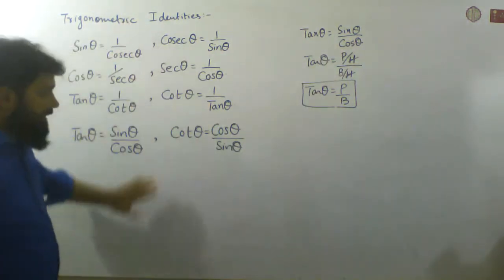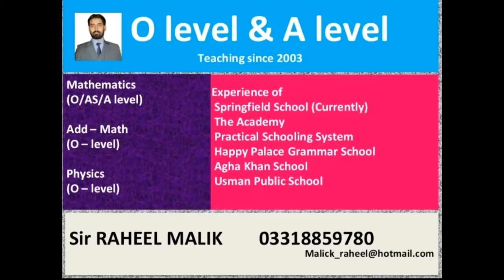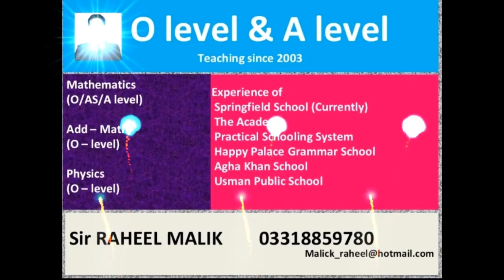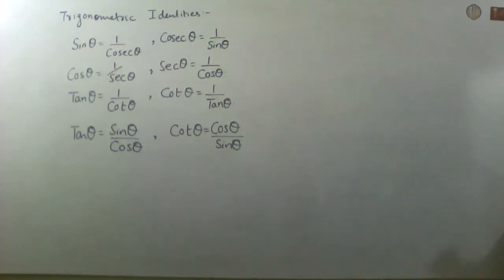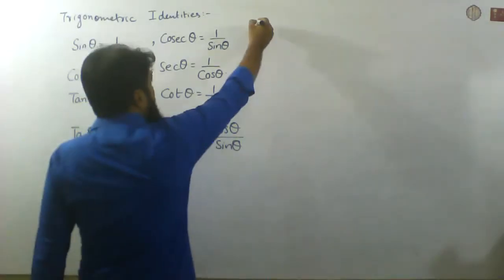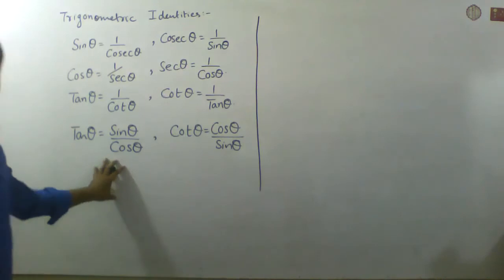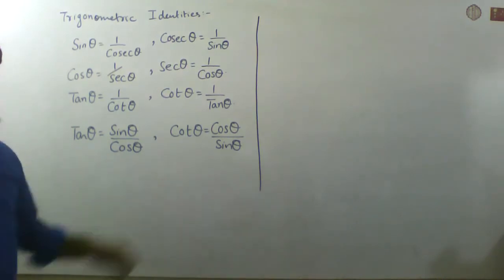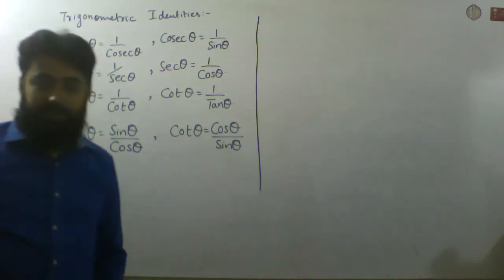In the same way, all the working will be done for the others. Now, these all are called reciprocal relations or reciprocal identities.